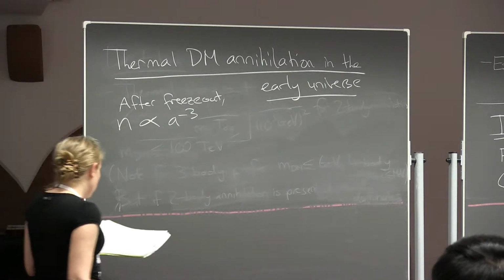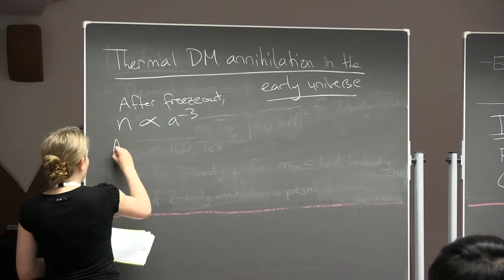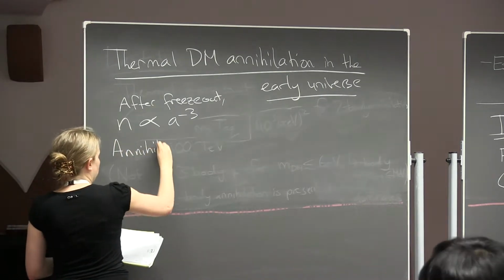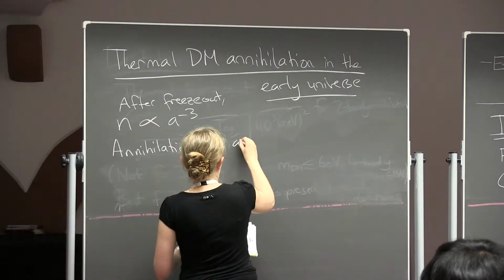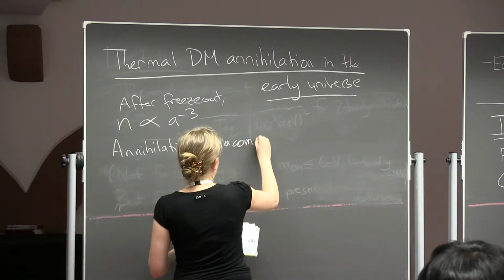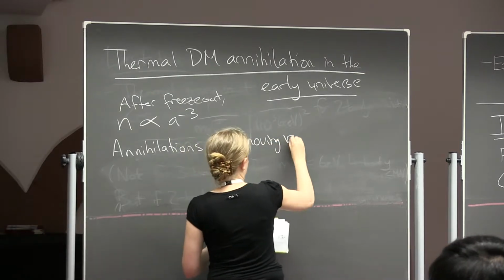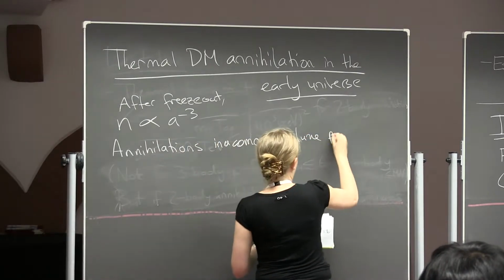So now I'm going to look at another kind of annihilation rate, which is just the annihilations inside a co-moving volume in a Hubble time.